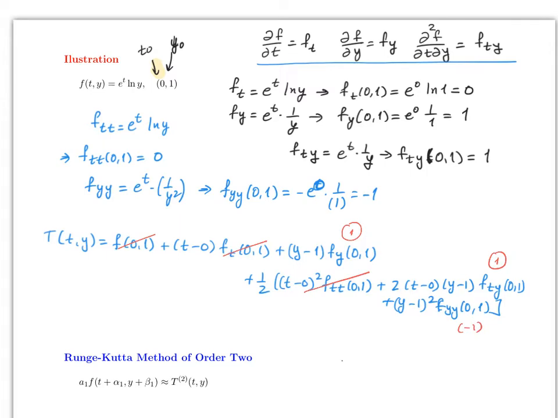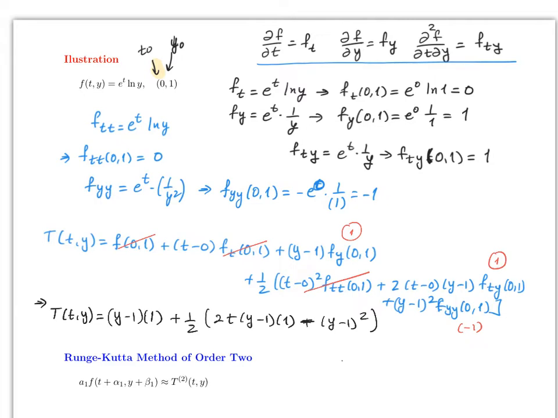So if we simplify everything, this implies that the second order polynomial in two variables will equal (y minus 1) times 1 plus 1/2 times 2t(y minus 1) times 1 minus (y minus 1) squared, and that's it.